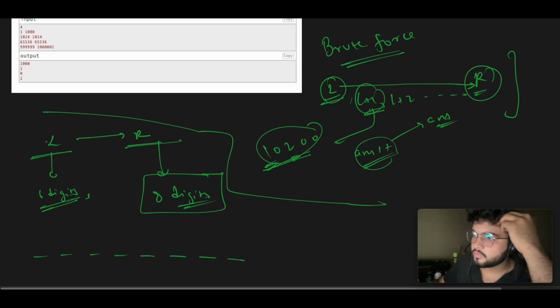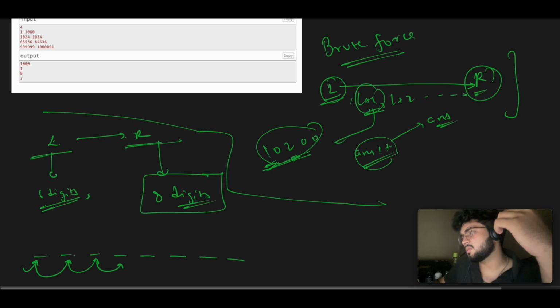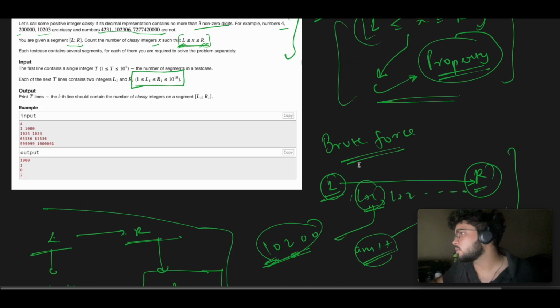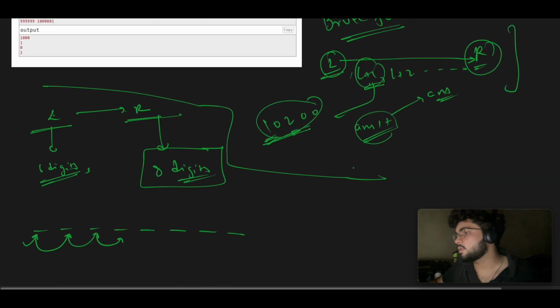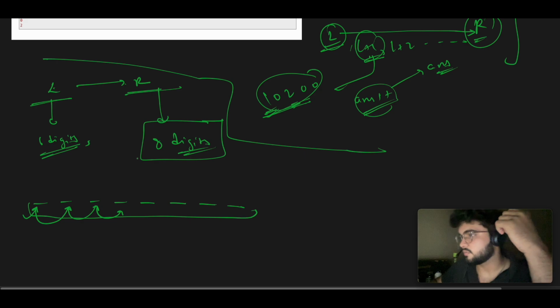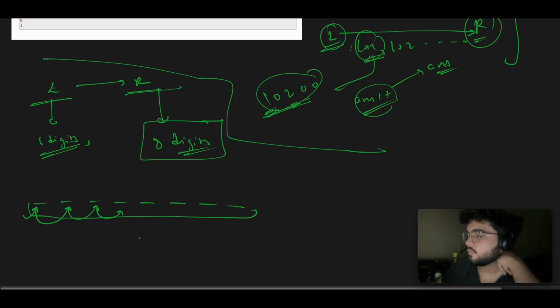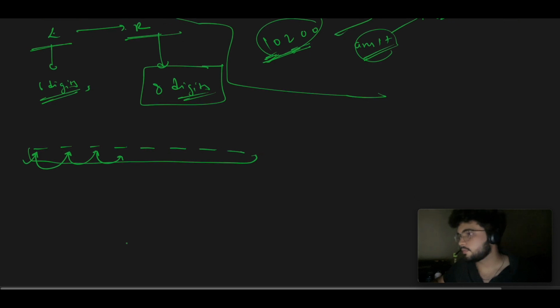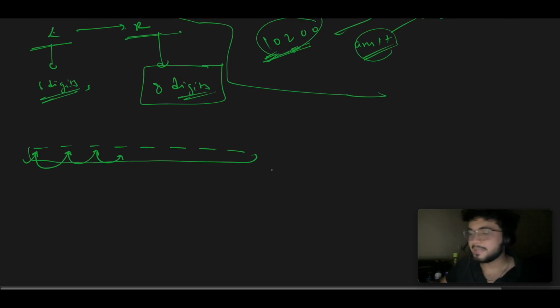So rather than moving from L to R, we'll move from one digit to the next digit, and we'll look at this property and try to figure it out using these digits and not the entire list of numbers. If you haven't seen this pattern, you can basically try to memorize it.